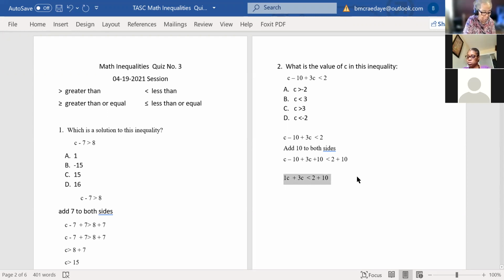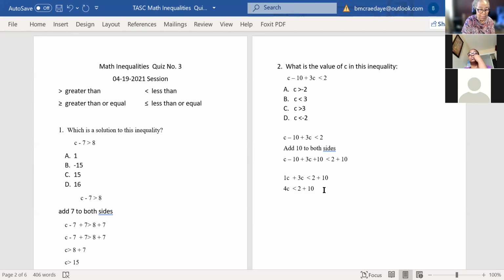So let's copy that and then change our 3C to 4C. Okay. So this would be 4C. And we add the coefficients. And you know what the coefficients are. Those are the numbers in front of the variables, right?